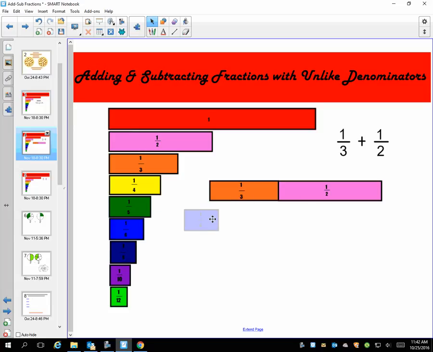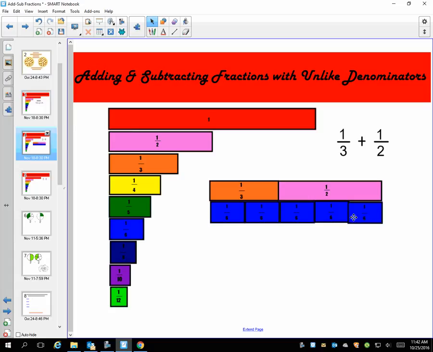So we're going to use our 6th fraction strips and line them up directly underneath to find out what our answer to this addition problem is. All right, and they should line up perfectly, and we can see that we have 1, 2, 3, 4, 5, 6.